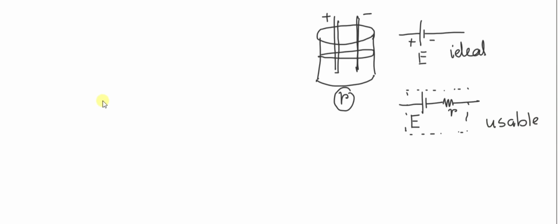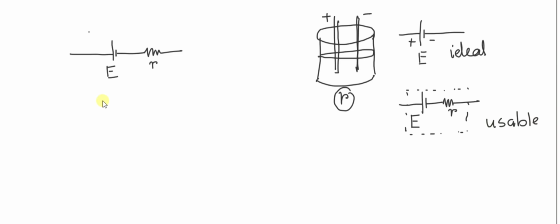Now if I connect an external resistance with it, how will it look? Obviously it should look like this as we have drawn in the figure: the cell, internal resistance in series, EMF E, and the external resistance connected this way.